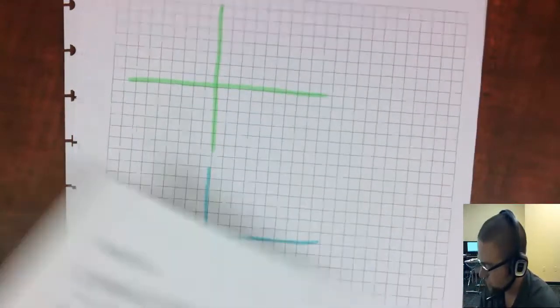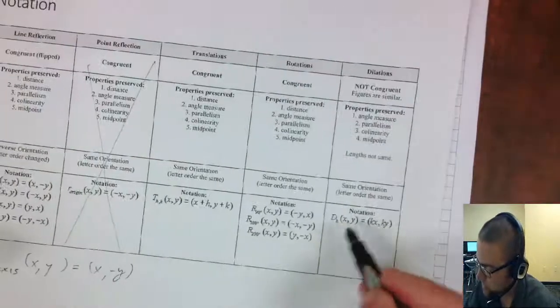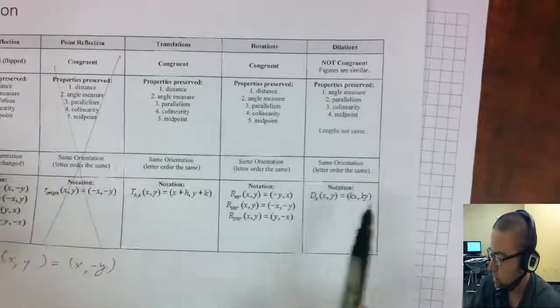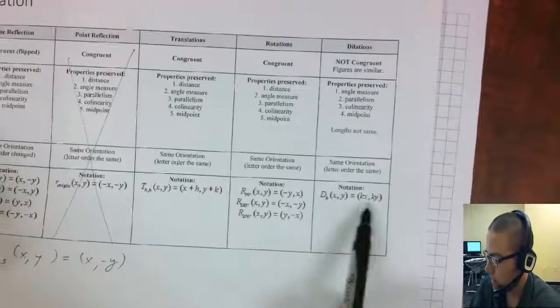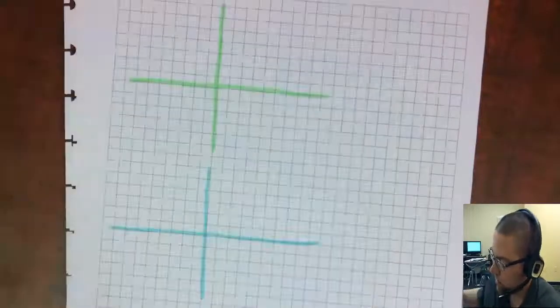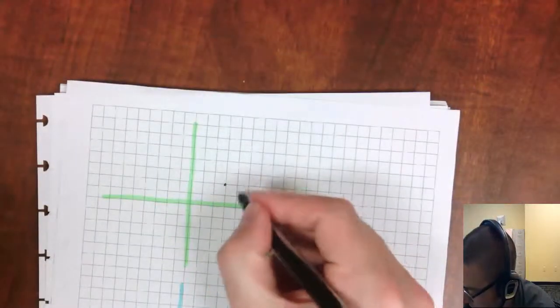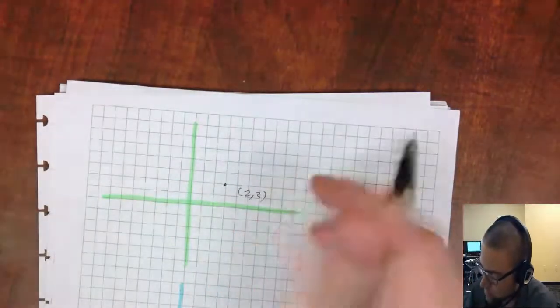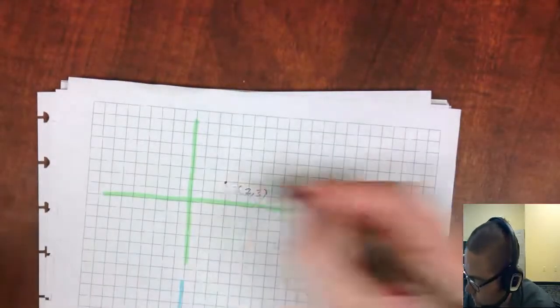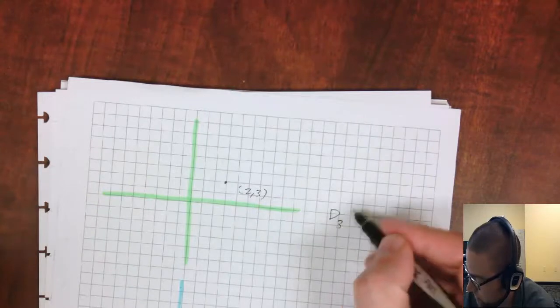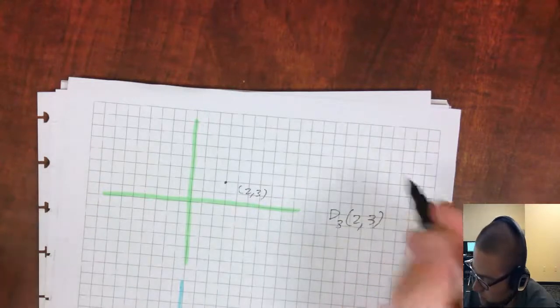Okay, guess we're to the last one here. Dilations. So dilations is D, capital D sub k, where k is the multiplier on our dilation. So we'll take the point again, 2, 3, and say I want to dilate to be 3 times as big. So D sub 3 of 2 comma 3.